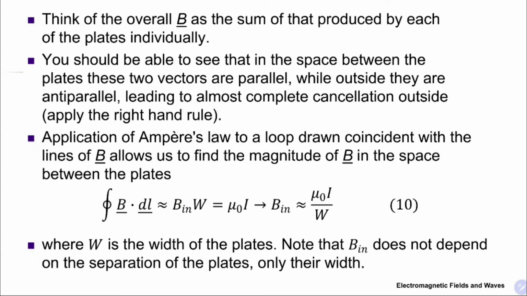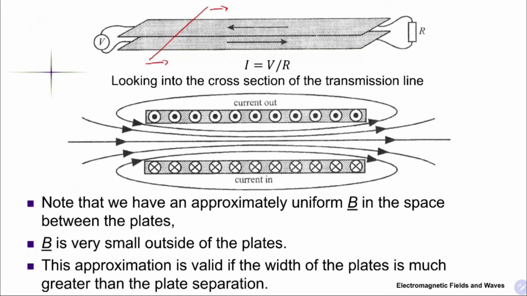So B inside the plates, and the integral of that will be over the width, W. If I draw my Ampere's loop, only this part here has the magnetic flux.